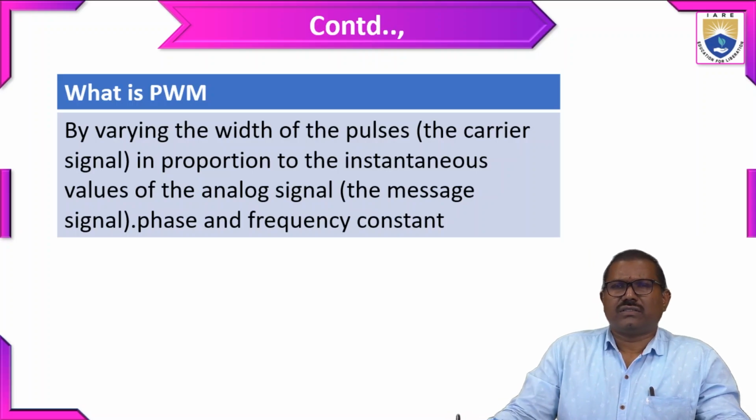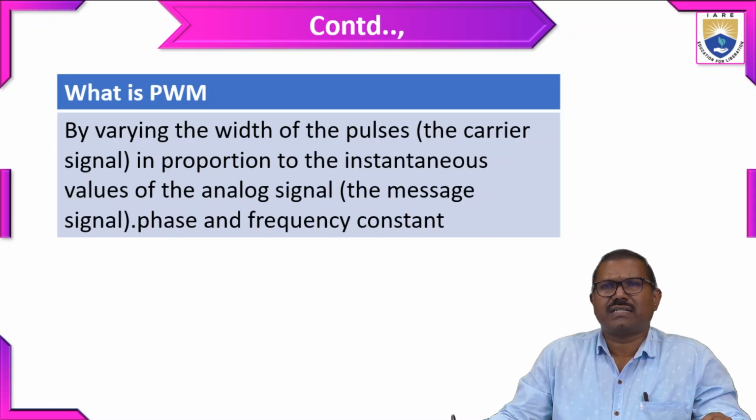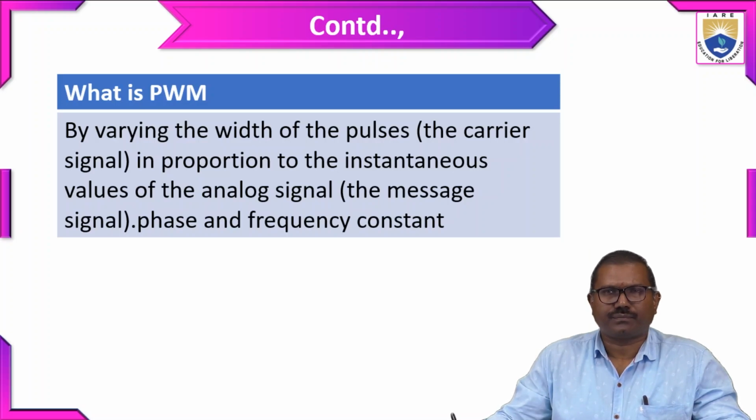So one characteristic is varying, and the remaining two are kept constant. So this is PWM.